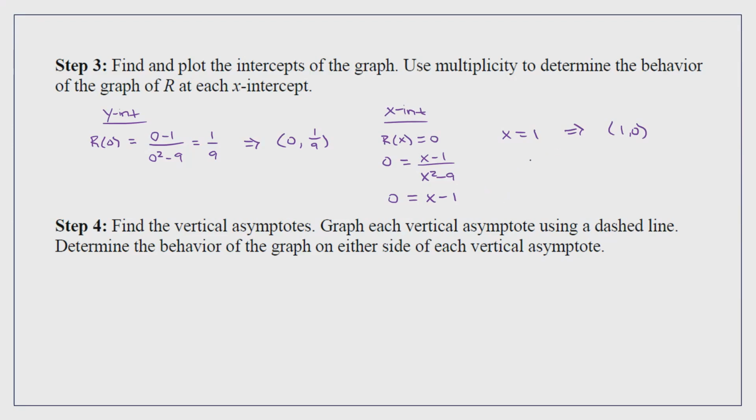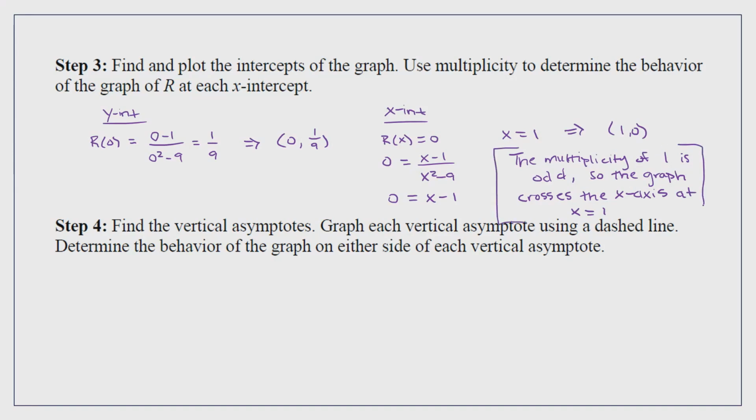The multiplicity of 1 is odd, and since it is odd, the graph crosses the x-axis at x equals 1.